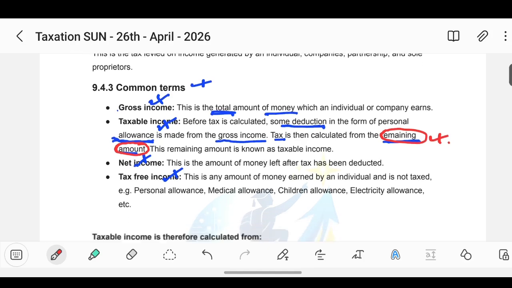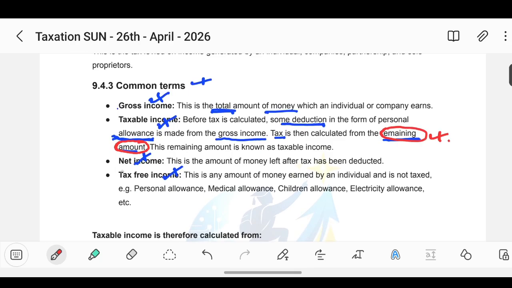So we have our net income here. This is the amount of money left after tax has been deducted. Tax-free income. This is any amount of money earned by an individual and is not taxed. That one is tax-free income. The money that isn't taxed is tax-free.